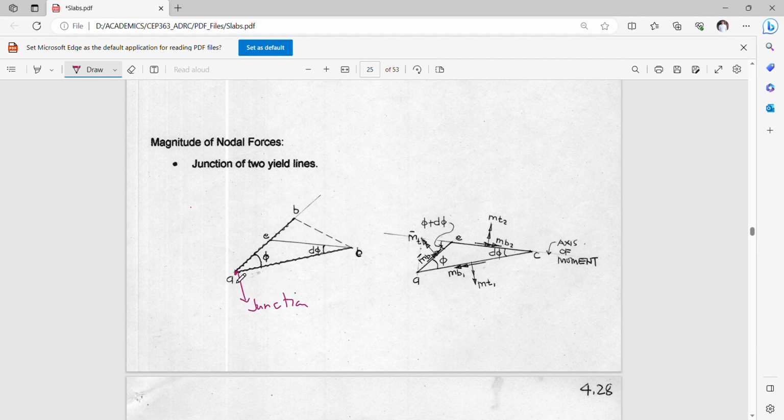So if there are two yield lines, we need to come up with the bending moment and torsional or twisting moment.